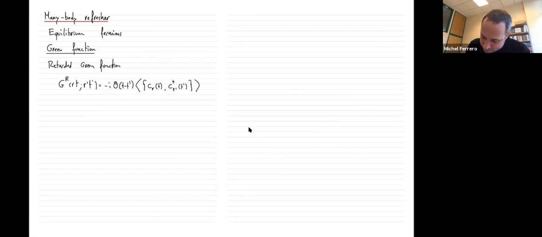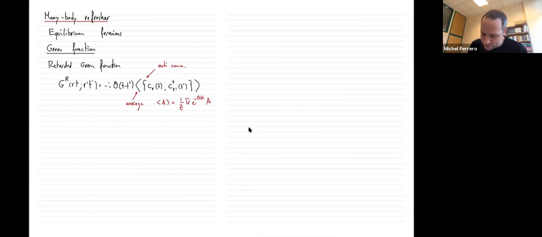Just to make the different pieces clear, this here is an anti-commutator. This here is an average, which is defined as the average of A is one over the partition function times the trace of e to the minus beta H times A. Here I'm using the fact that I'm at equilibrium, so I'm using the Boltzmann factor to do my average.